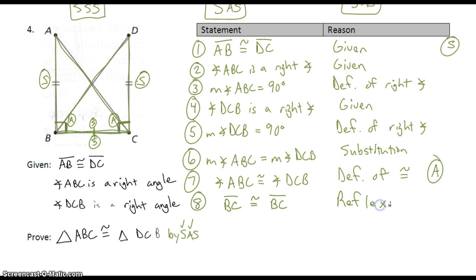The reason that BC equals BC, the reflexive property. That gives me my final side. So I followed my roadmap, side, angle, side. That's enough to conclude that my triangles are congruent to each other. My reason, side, angle, side.